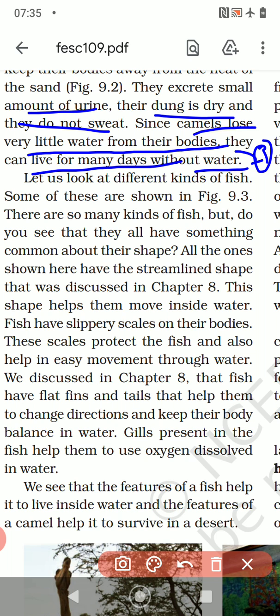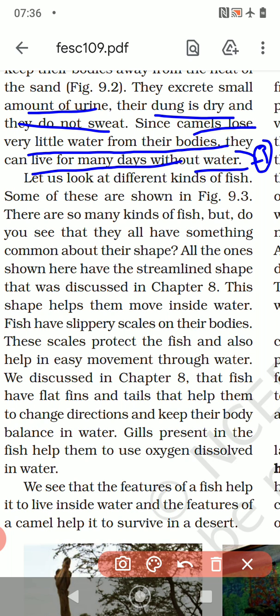There are many more. You can write their eyelashes. Their eyelashes are so big that they prevent sand from going inside their eyes. The next one is not in the book, but you can write it: their hair color is light.